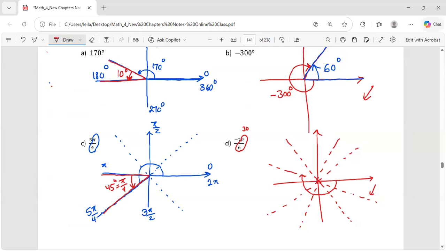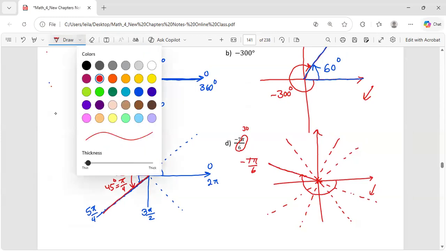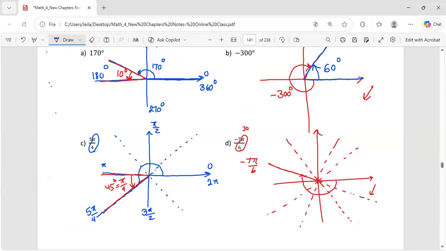So that is the terminal side. So this is negative 7 pi over 6. Now, to find the reference angle, I need to find an angle between the terminal side and the x-axis, which is this one. So this angle is just 1 pi over 6 or 30-degree angle.